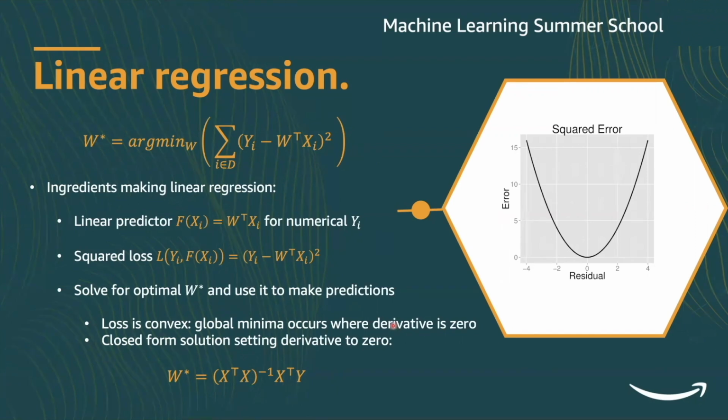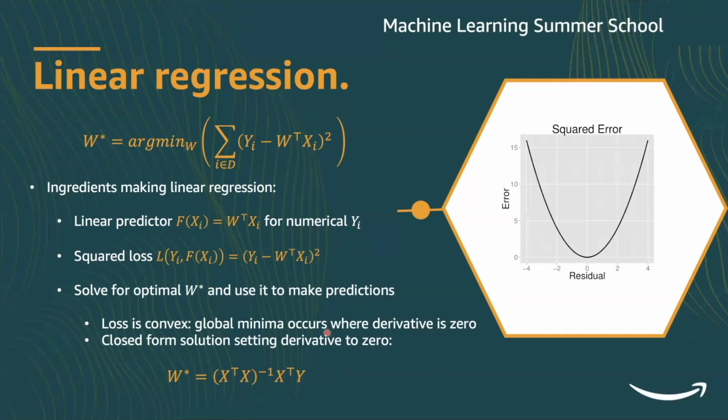Or to put it another way, if you can find a point in the parameter space where the derivative of the function is 0, that is sufficient to say it's going to be the global minima of this function. There are no such things as saddle points and stuff for convex functions.